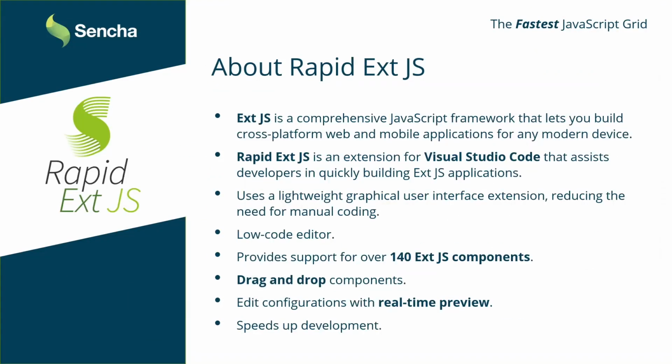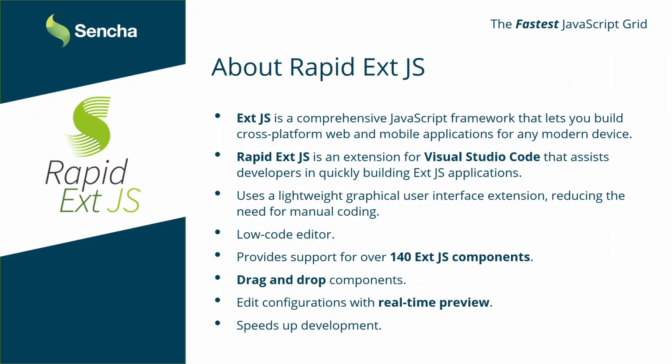Like I was saying, Rapid Ext JS is basically an extension for Visual Studio Code. It allows you to create all your applications quickly by doing it visually instead of coding everything. The logic of your application still has to be coded, but the visual part will be created for you in a simple way.